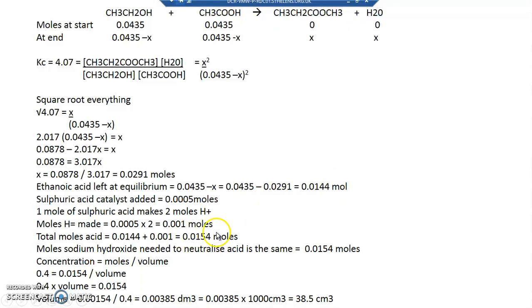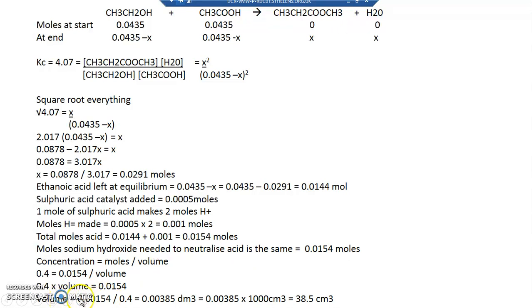Now that I've got a number of moles of acid, the number of moles of sodium hydroxide to react with the acid is the same. 1 mole of sodium hydroxide will react with 1 mole of acid. So concentration equals moles divided by volume. Concentration is 0.4, that's from the question. 0.0154 is the number of moles of sodium hydroxide divided by the volume. Rearrange to get the volume.